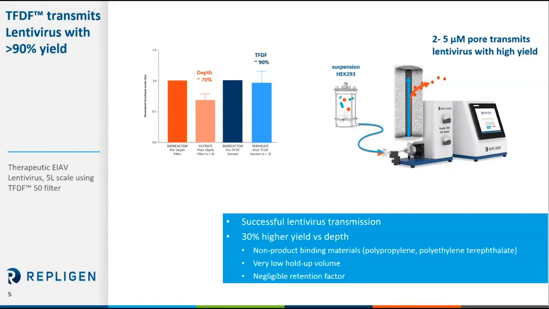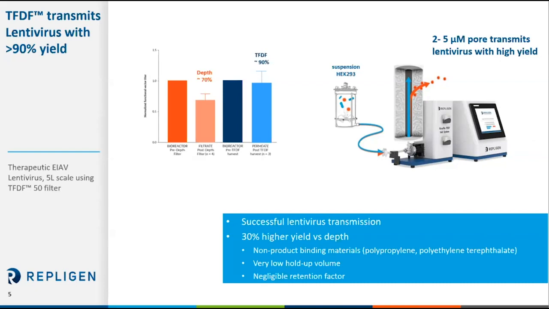The first is that the nominal pore size of the TFDF filter is 2 to 5 micron, meaning that while holding back the cells, the 100 or 120 nanometer size lentivirus particle has plenty of room to navigate the channel. Second, the filter material, which is completely synthetic, primarily built of polypropylene, does not bind the product.